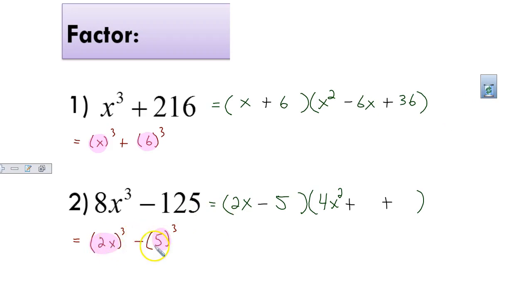We're going to multiply these two together to get the middle. 2 times 5 is 10, so that's 10x. And then at the end, it's the second term squared, 5 squared, which is 25. So this is how it factors. You use SOAP to get your signs, and then you use the pattern of the first parentheses getting the perfect cubed roots. The second one is the first one squared, multiply the two together, the second one squared.